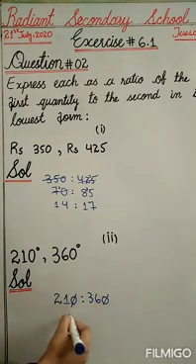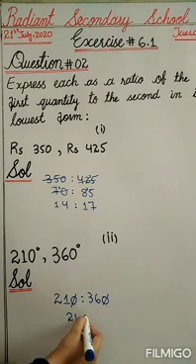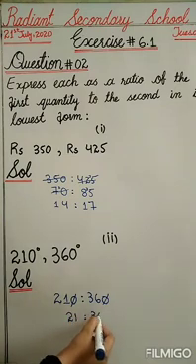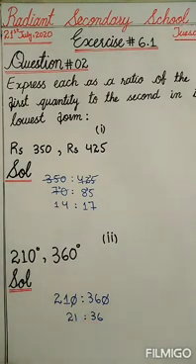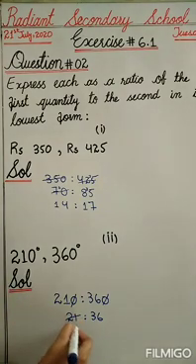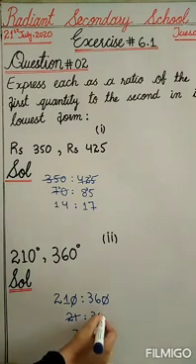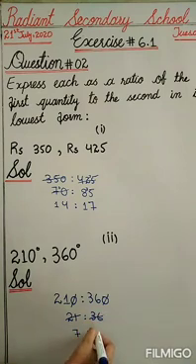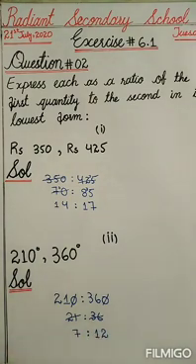This 0 and 0 will cancel out. In the next step we have 21 and 36. Simple, do the cutting with the table of 3. 3 7s are 21 ratio 3 1 is 3 and 3 2s are 6. 7 ratio 12 is the lowest form of this part.